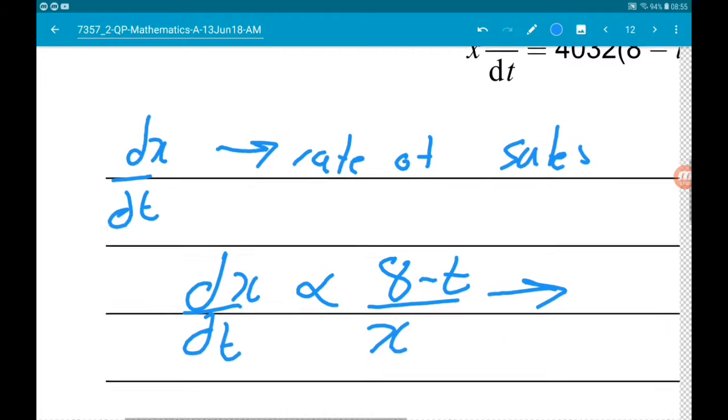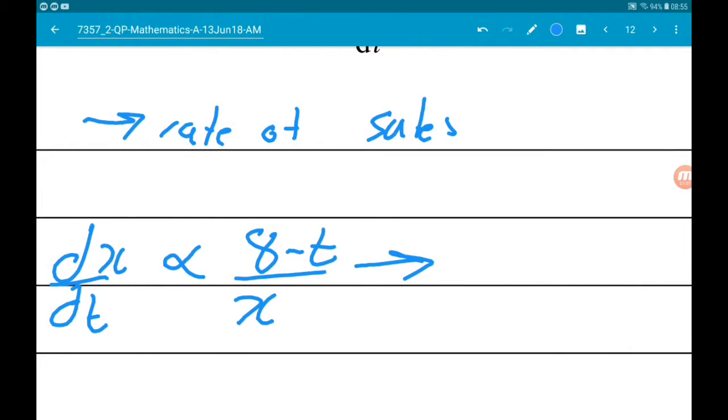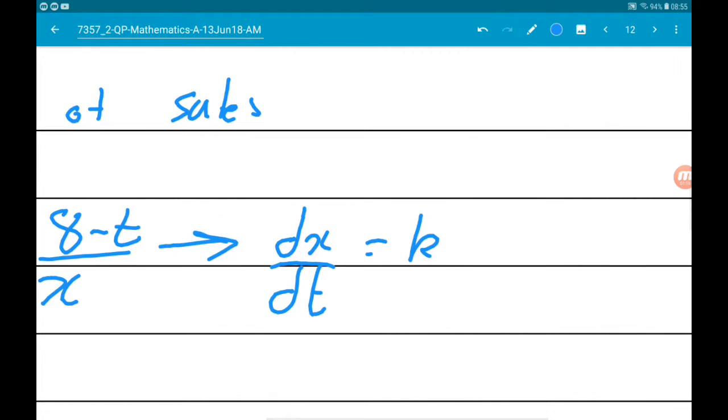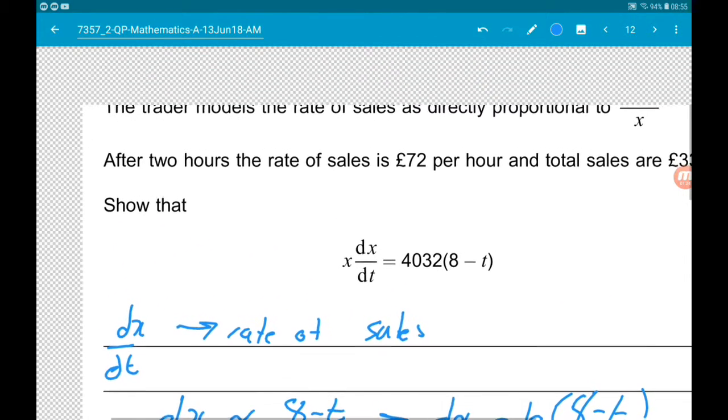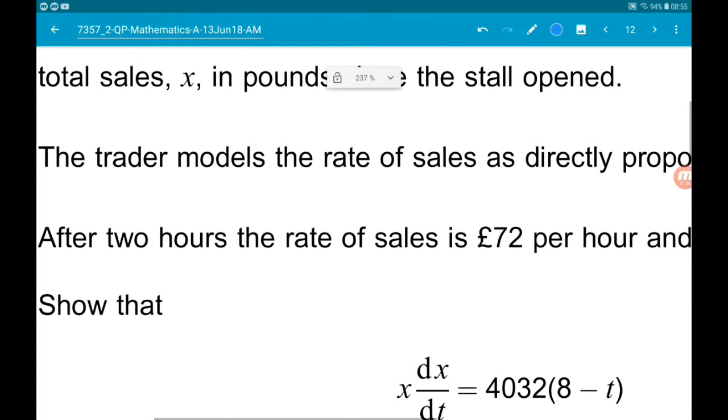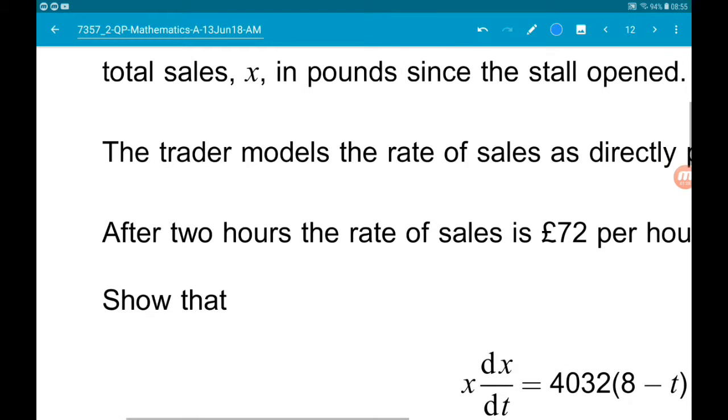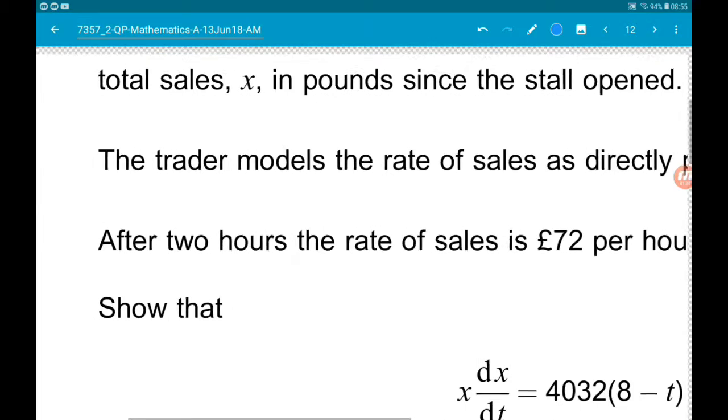That means, as a formula, dx by dt is k times (8 minus t) over x. Now, we know 3 of those 4 variables at a certain time.